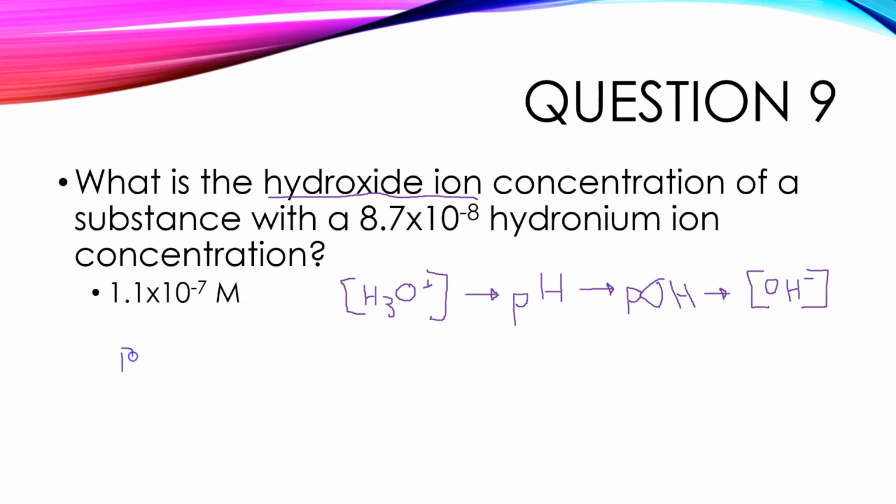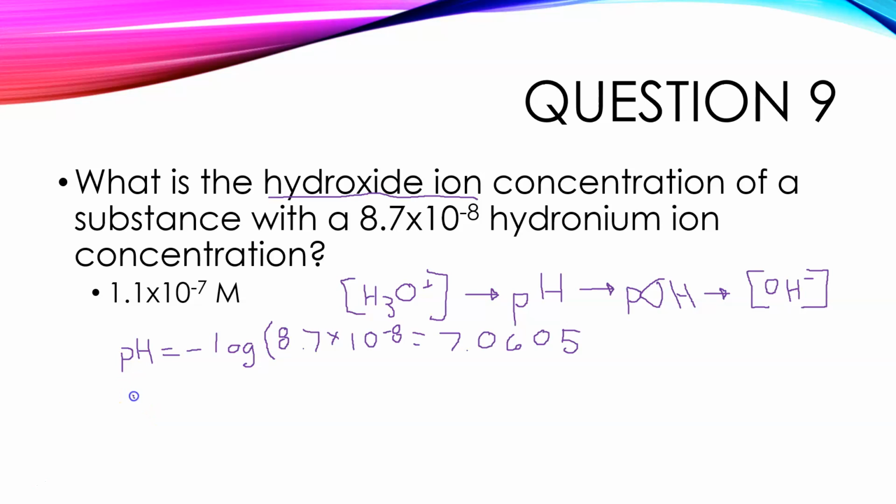So we would start off by knowing that the pH is going to be equal to the negative log of our hydronium ion concentration, which in this case was 8.7 times 10 to the negative 8th. When you enter that into your calculator, you would have gotten 7.0605 as your answer.